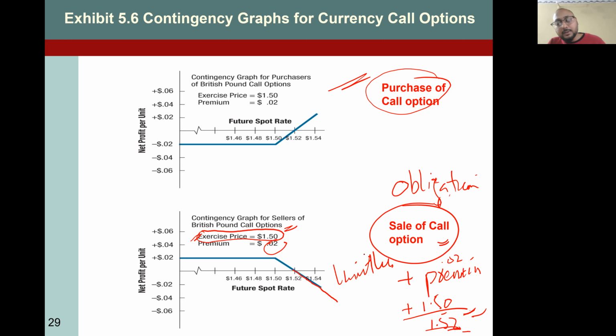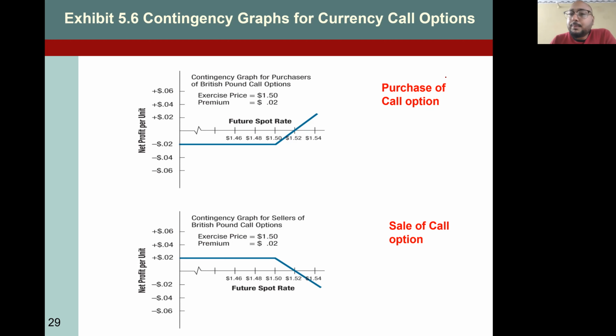If you see here, the profit and loss of the buyer of the call option and the seller of the call option are two sides of the same coin. So the buyer's profit is limitless, and the seller's loss is limitless.